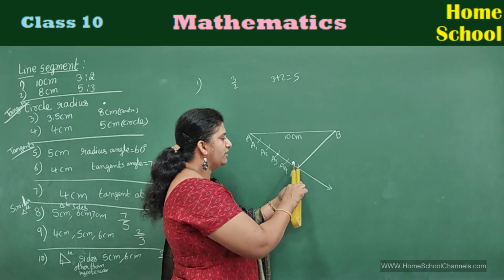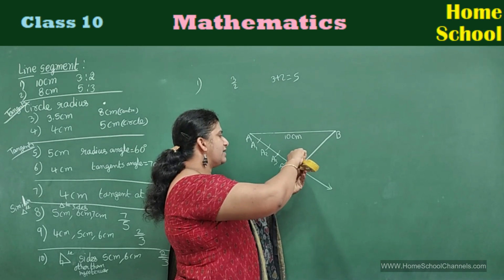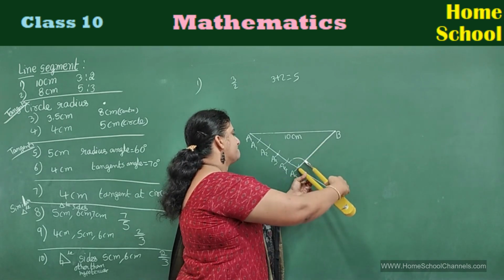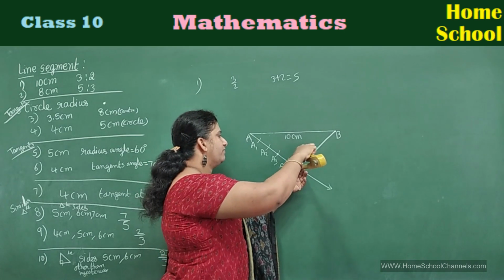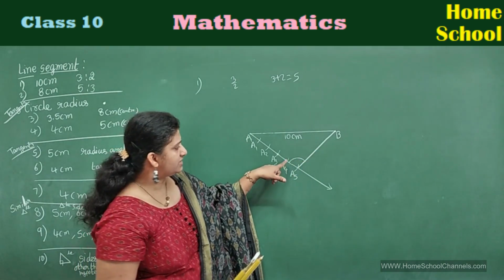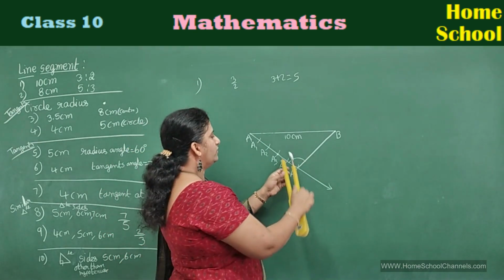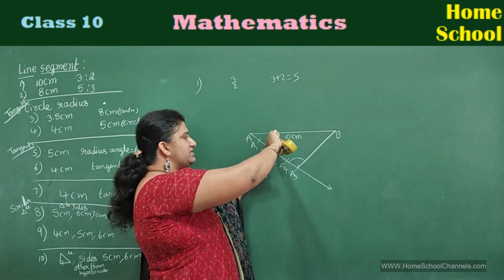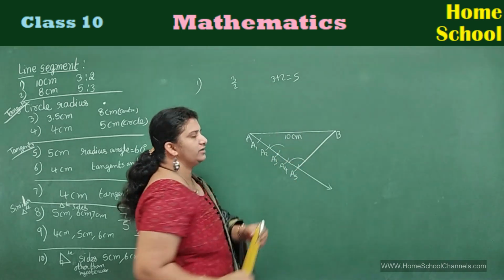For that sake, from A5, I just take some measurement and draw an arc, such that it should touch here and here. Now, in the same manner, from A3, touching this ray, observe here, touching this ray, draw an arc.